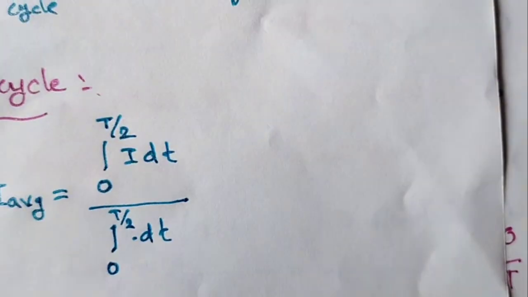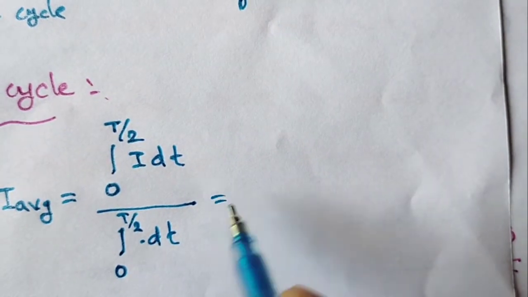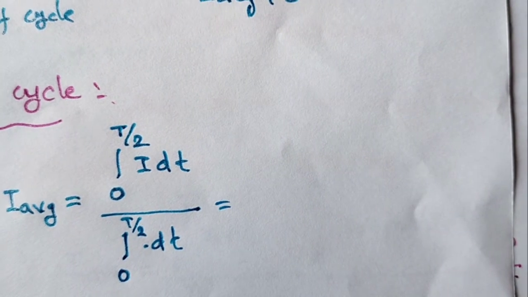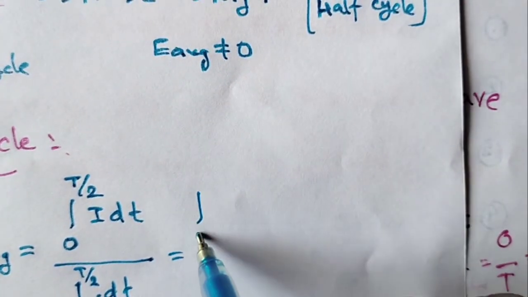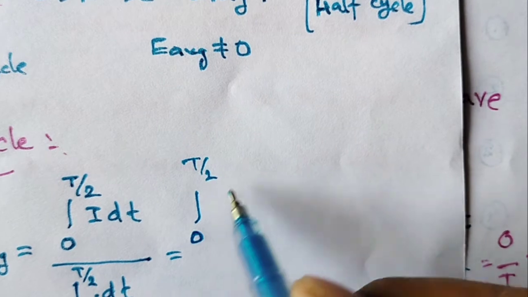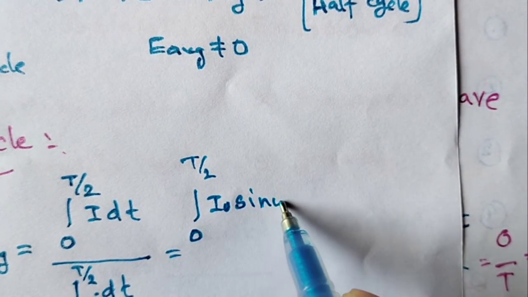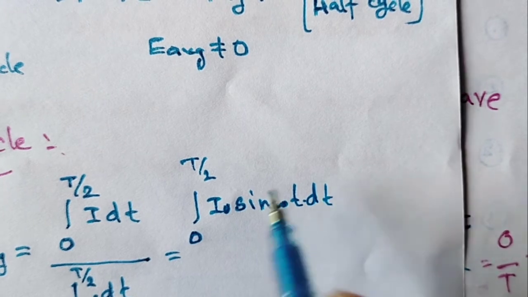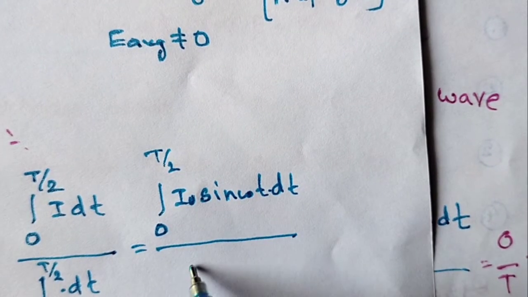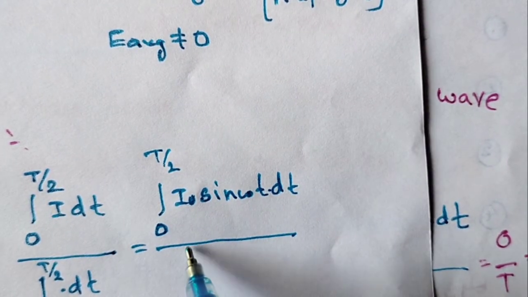Now I will explain using the integration method. You can substitute I equal to I naught sin omega t, integrated dt from 0 to T by 2.